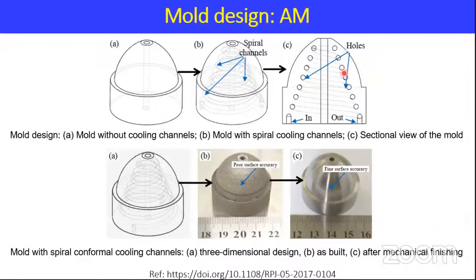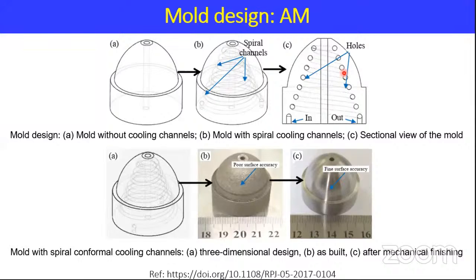And we know that the cost of one mold, depending on the complexity, is very high, and frequent replacement of such molds would be tedious and also incur a lot of investment.